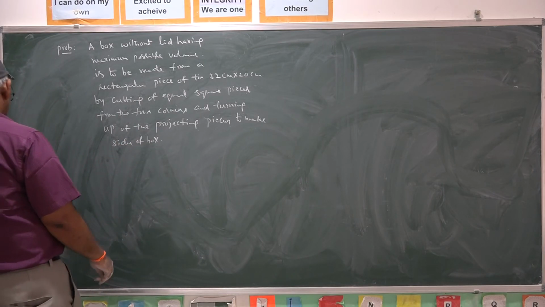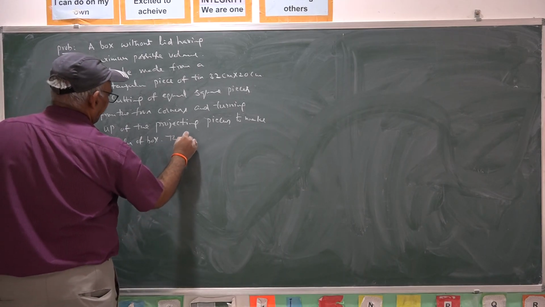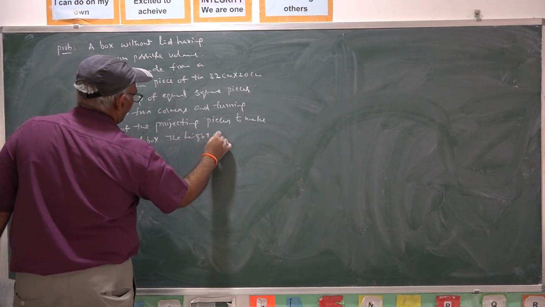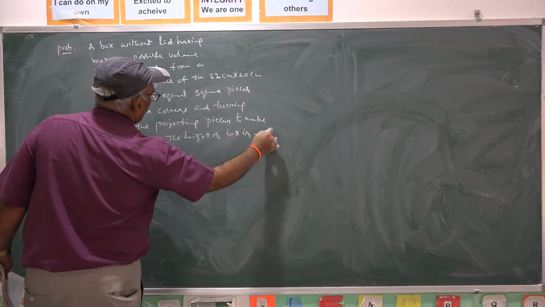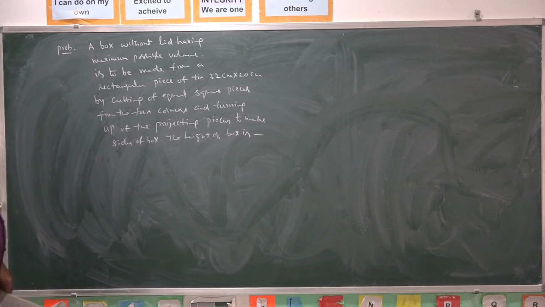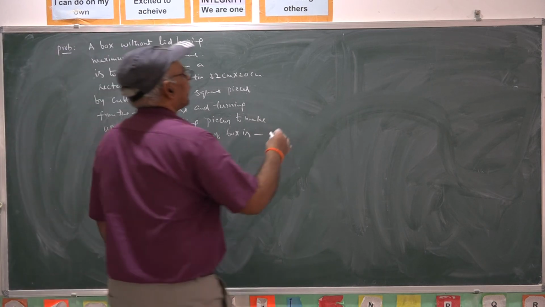The height of the box is equal to the height of box equal. So this is the problem here.